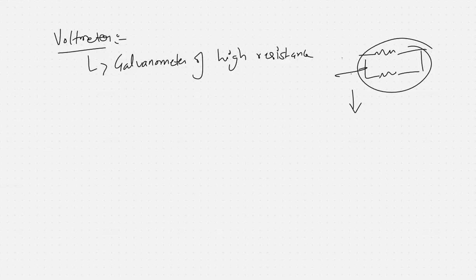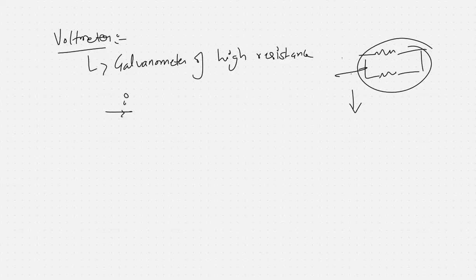Yes. So this is the case. Basically, when I want to make the galvanometer a voltmeter, what I want to do is measure how much voltage there is across a resistance.